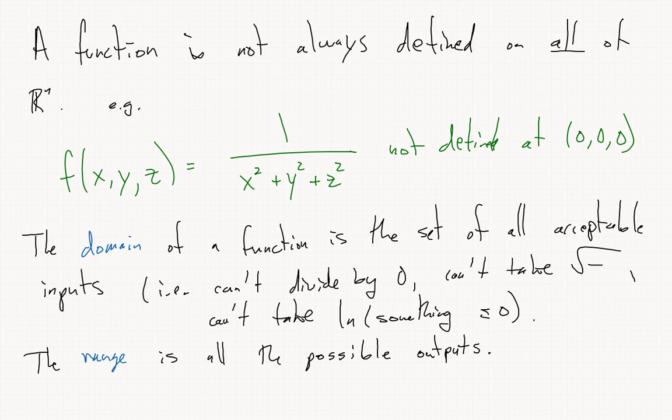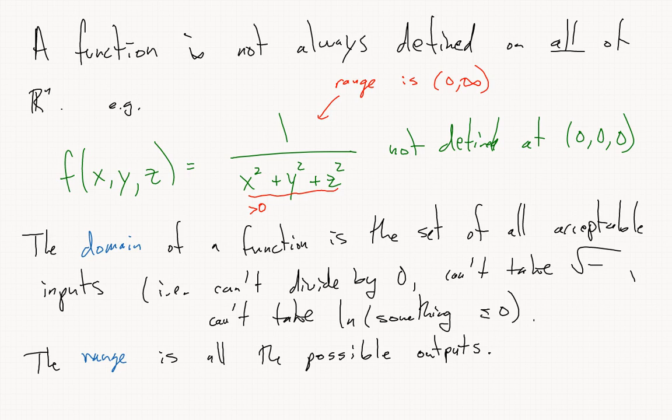In this example, we can see that the range is 0 to infinity. Since x squared plus y squared plus z squared is always greater than 0, this will always be greater than 0, and we can hit every positive real number with this function.